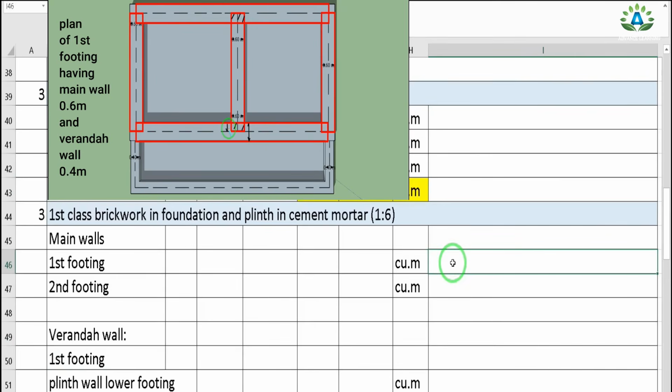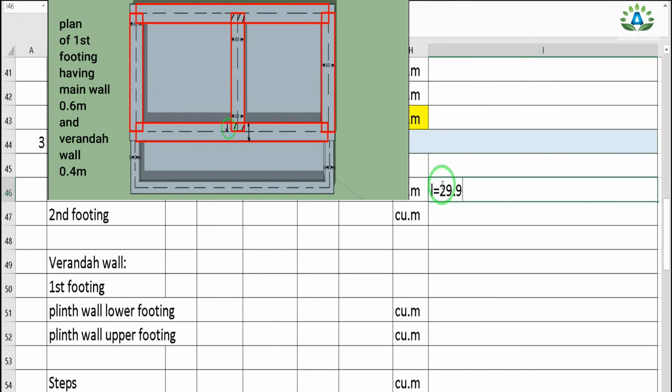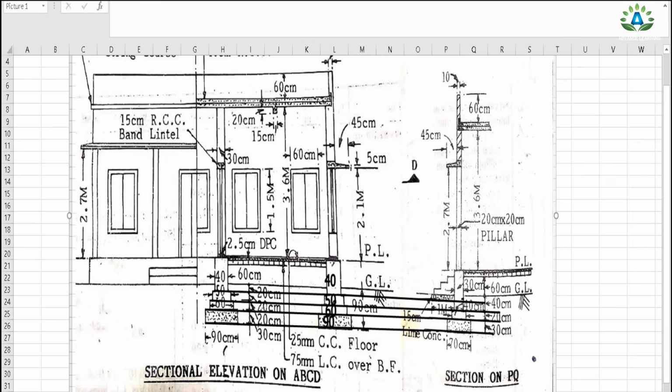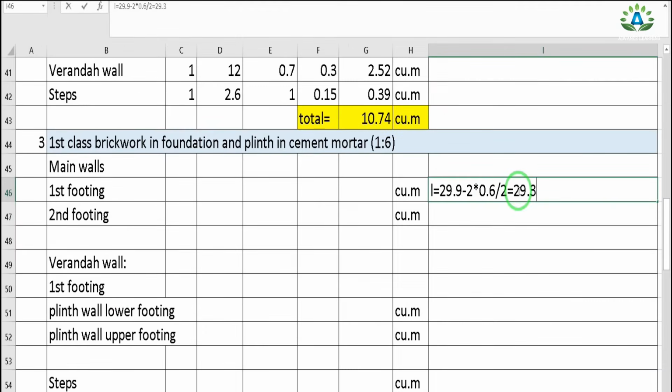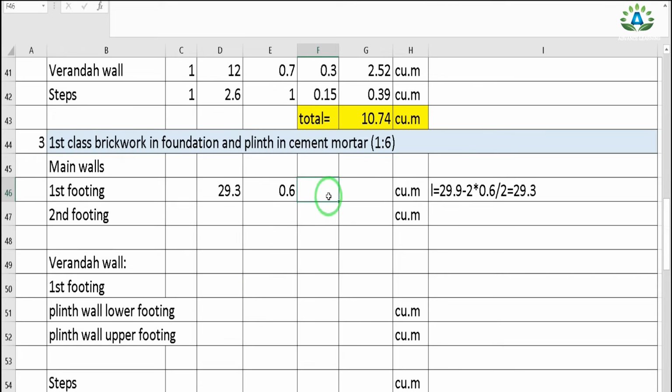So I can write the length equals to total center line of main wall, that is 29.9 meter minus 2 times of width of 0.6 by 2, because this first footing is of width of 0.6 meter or 60 centimeter. So we get 29.3 meter and the width is 0.6 meter, and the height of this first footing is 20 centimeter, that is 0.2, and we have only one number of footing.